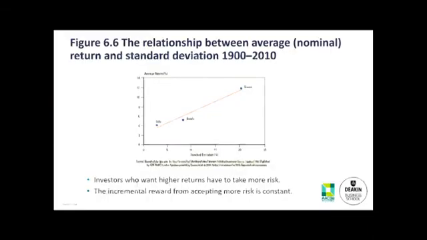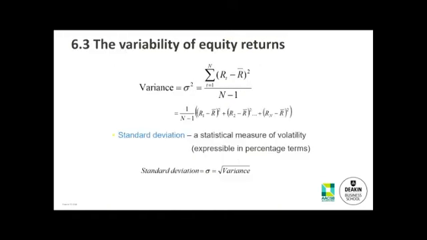Let's move back to our slides. Now, in your slides, we've talked about the up and down movements. This is captured by the variability of equity returns, by variance. Please look at this equation here, and I will show you why.